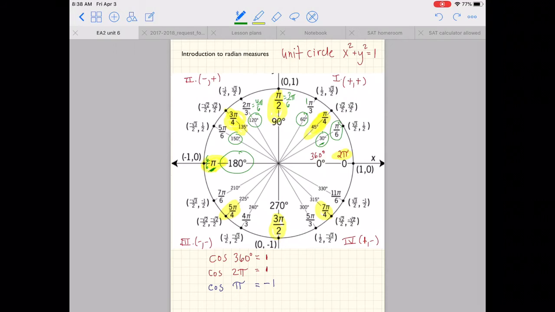So here is our 7/6 pi, our 8/6, which of course reduces to 2/3 pi, our 9/6. So you can see it works every time if you're doing it right. 10/6 is the same as 5/3. 11/6 you can't reduce, and then 12 over 6 is the same as 2 pi.